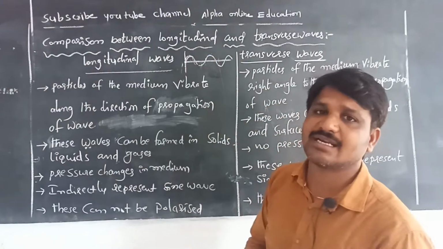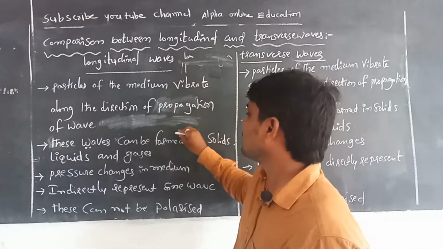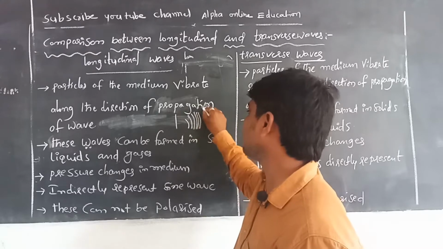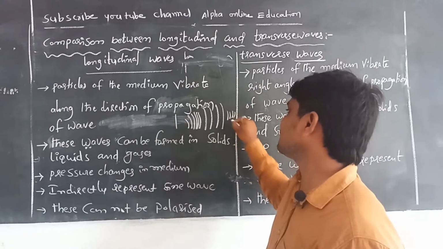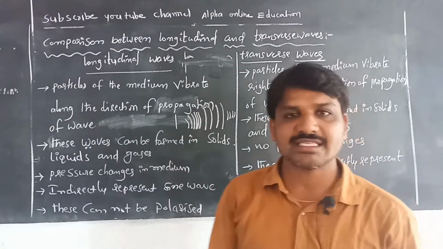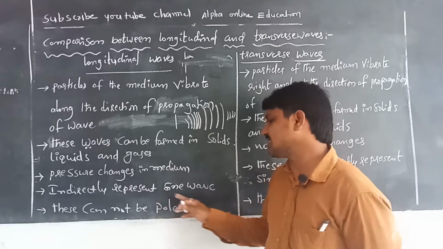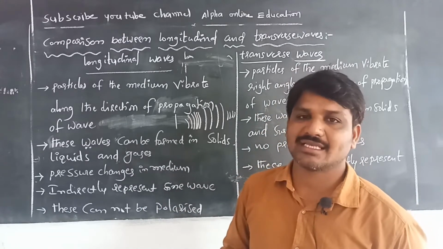Because the waves here move like this, with compressions and rarefactions, we can say that longitudinal waves indirectly represent the sine wave, and that's why they cannot be polarized.